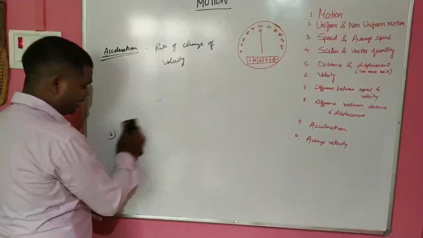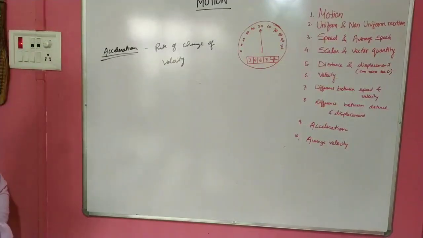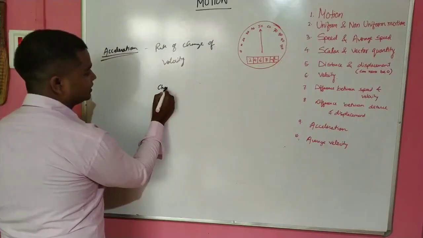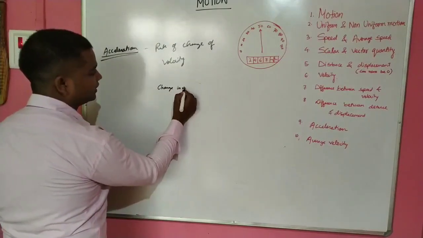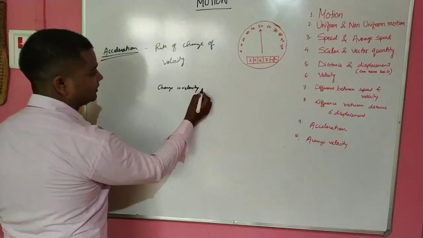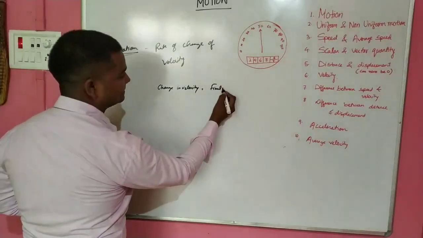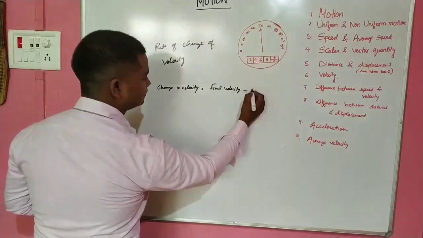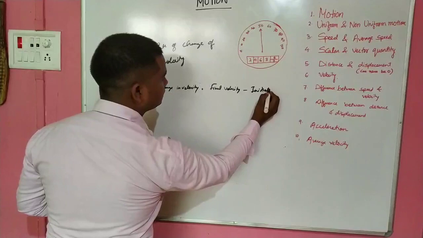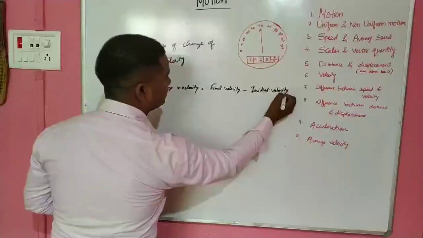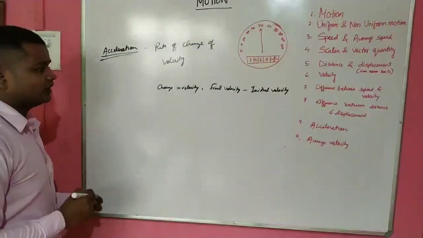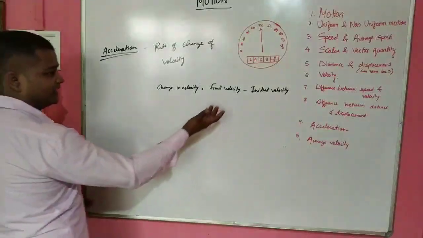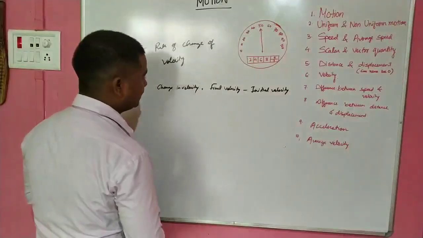So how do we calculate change? We can calculate change in velocity simply by subtracting the initial velocity from the final velocity.